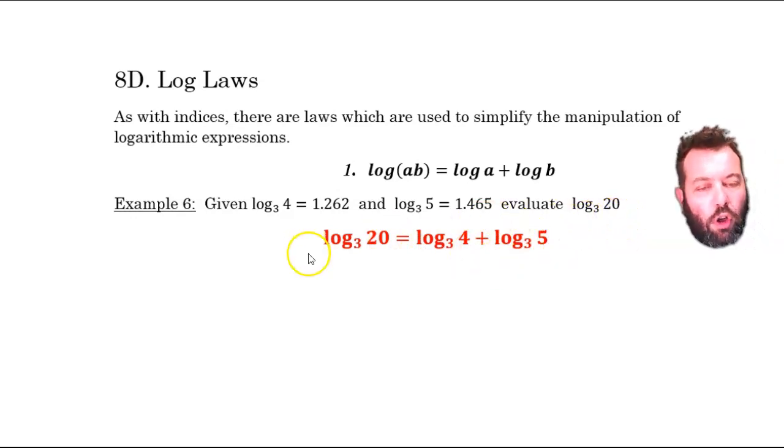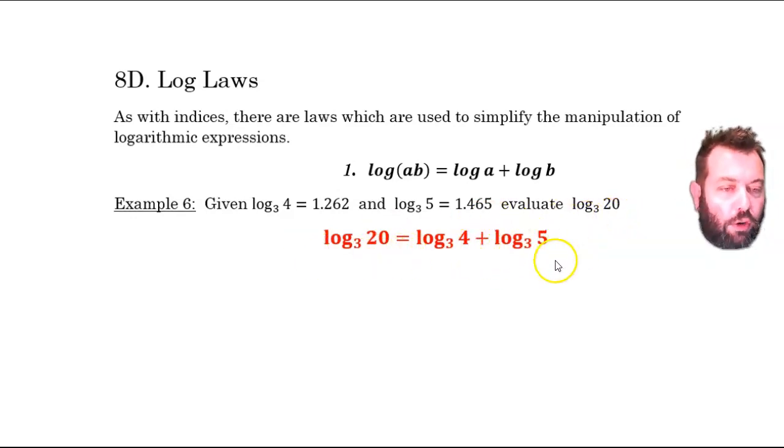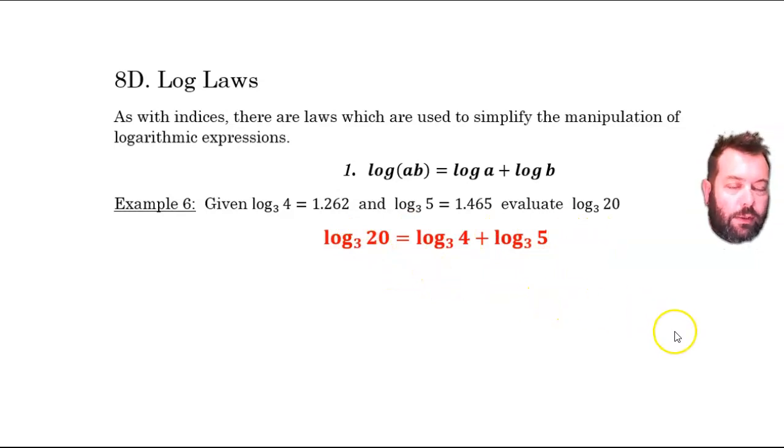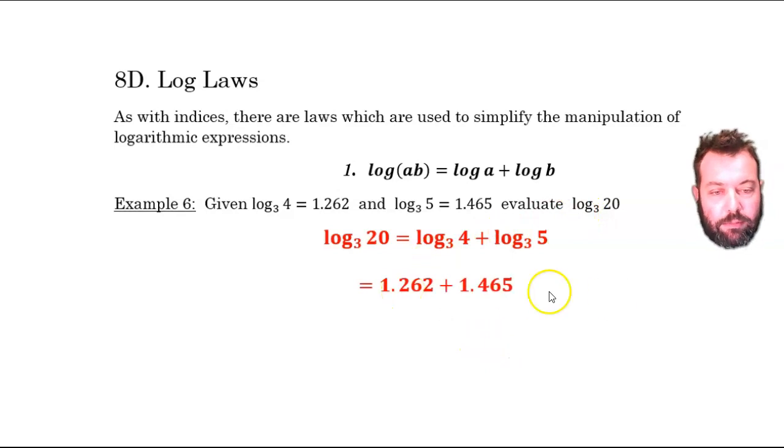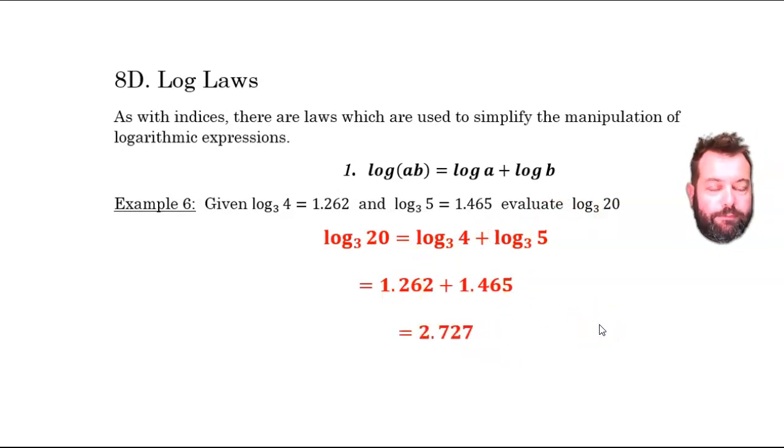So the log of 20 is the log of 4 plus the log of 5, assuming we keep the same base throughout. I've got the log of 4 and the log of 5, so I can merely add those together and I get 2.727.